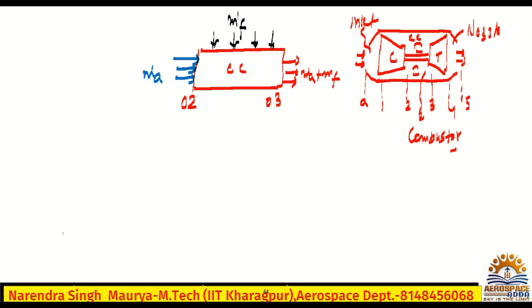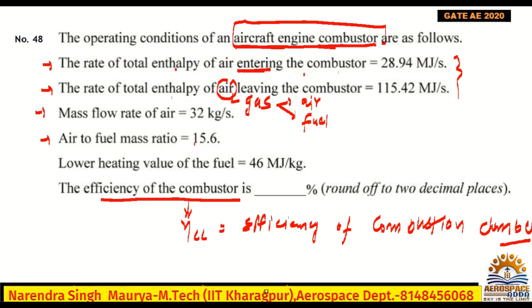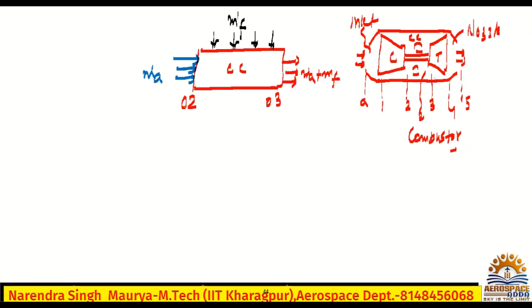Now we'll see what quantities they have given. They have said the rate of total enthalpy of air entering the combustor is 28.94 megajoule per second. So for my numbering it is h not 2 dash.